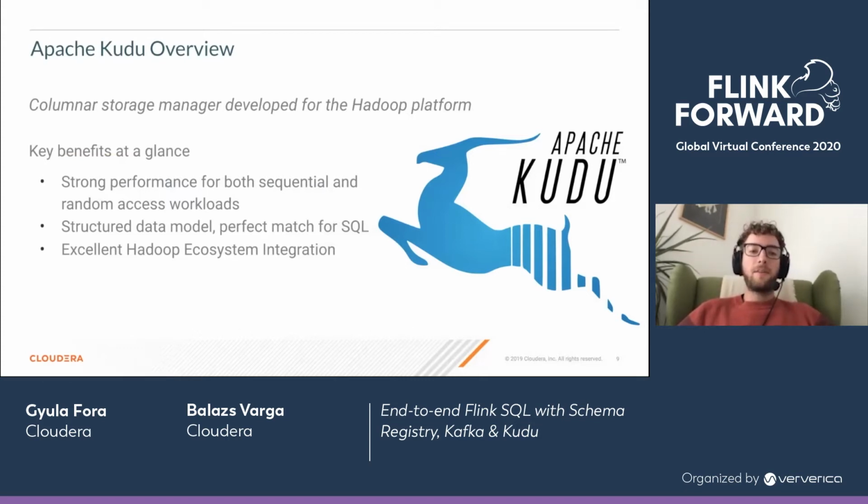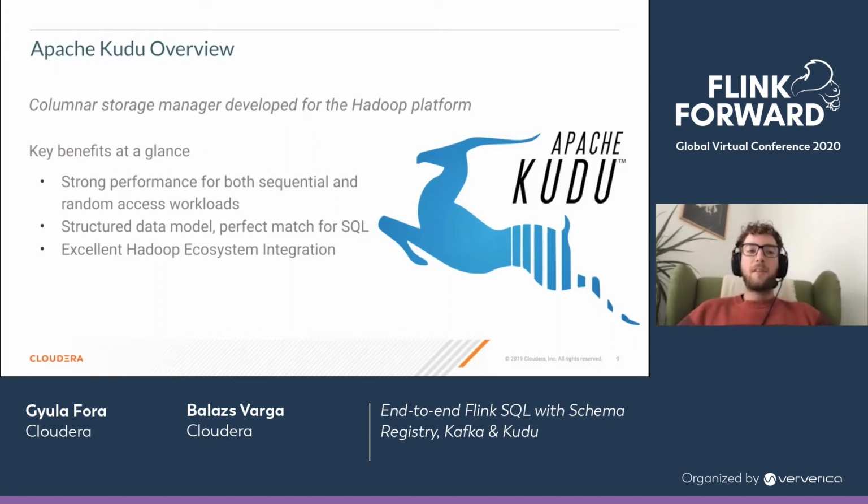Some of the biggest benefits of using Kudu for streaming applications are strong performance for both sequential and random access workloads. We will see this later when we're trying to join our incoming sensor stream with the Kudu enrichment data. Random access performance becomes critical.